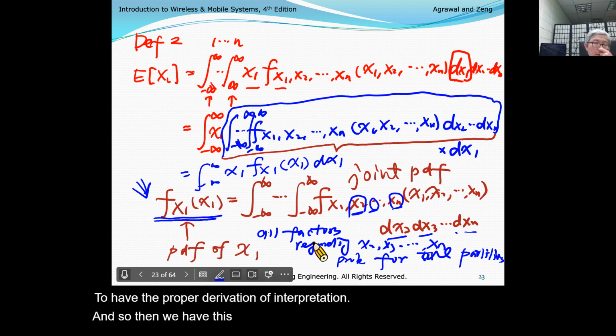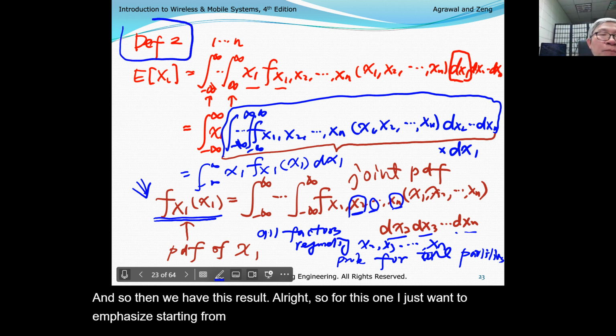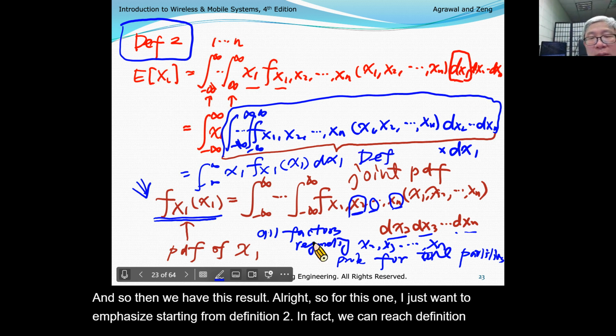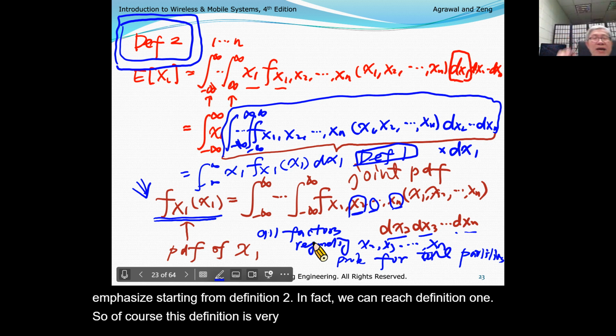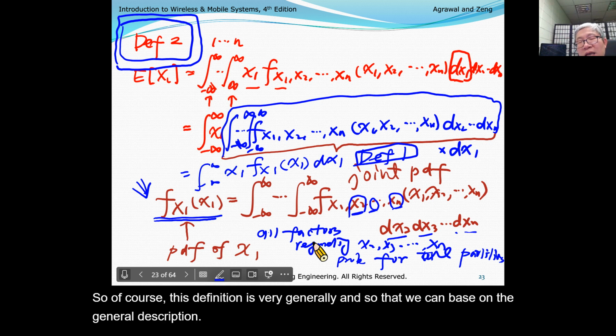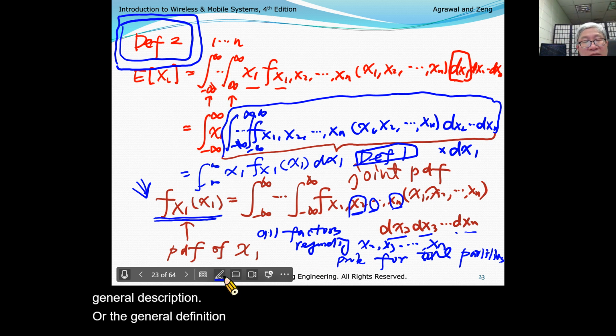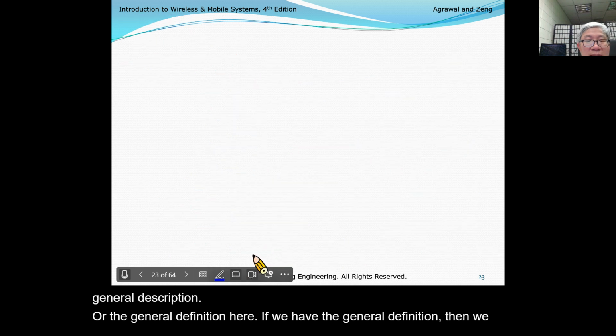All right, so for this one, I just want to emphasize that starting from definition 2, in fact, we can reach definition 1. Of course, this definition is very general, and so we can pass on the general description or the general definition here. If we have the general definition, then we can start for the remaining.